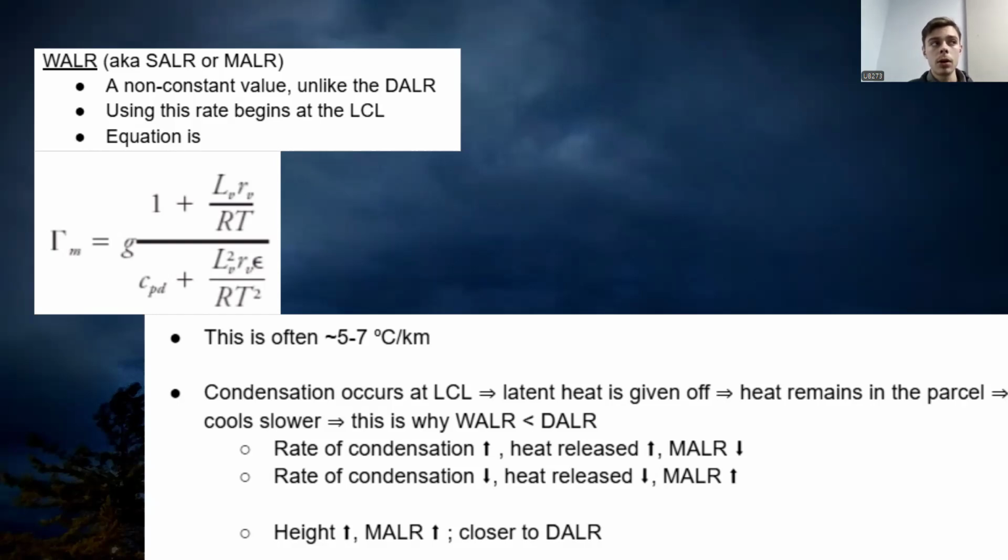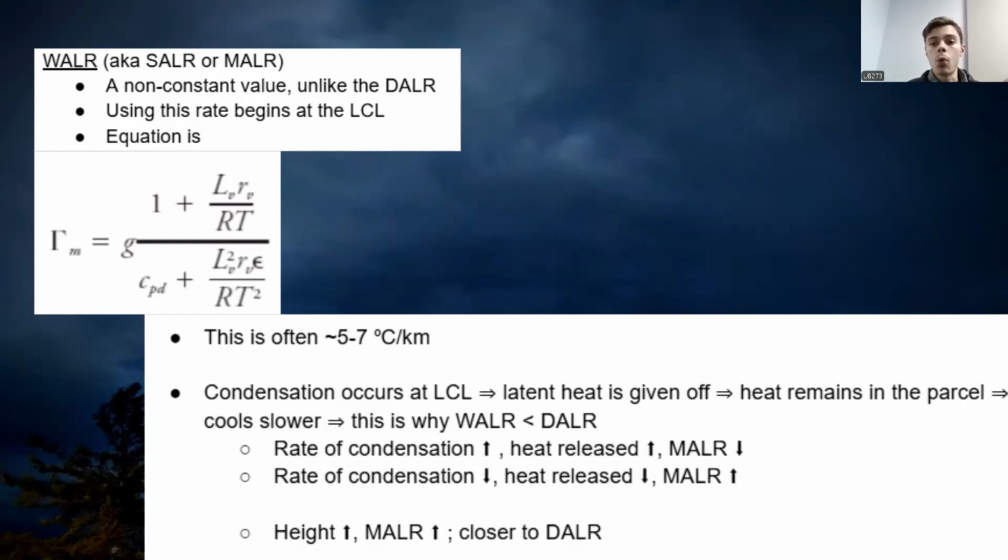If you don't remember, I'd suggest going back to watch the previous video. When we're doing the parcel trace, we at first are using the dry adiabatic lapse rate, but then we switch to the wet adiabatic lapse rate once the parcel is saturated, and that's at the LCL. And then we just use that going up, going up, going up.